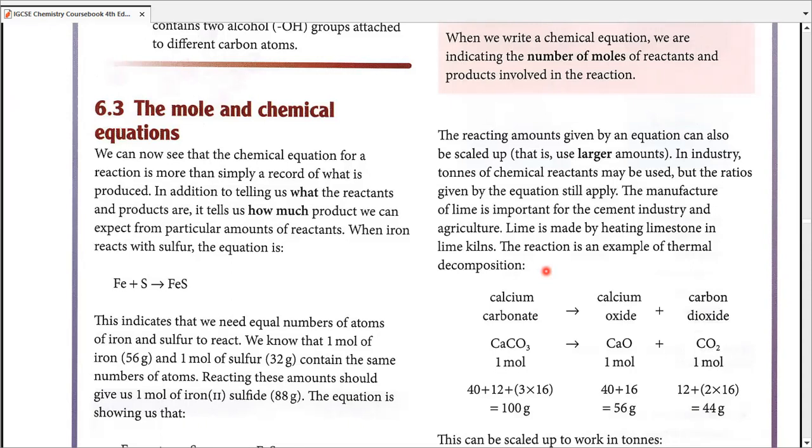Looking at a balanced chemical equation, we can always have the idea about the stoichiometric ratios, how they work, and we can work out the number of moles or maybe even the masses. So we're going to take a few examples over here and we're going to discuss them.